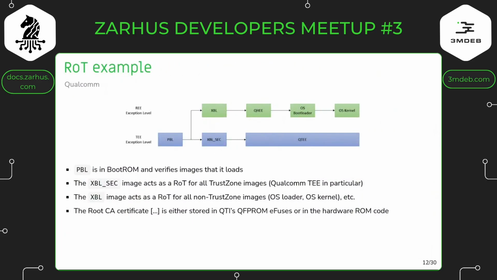Another example is Qualcomm. They also have this primary bootloader in boot ROM. Then it creates the secure world and non-secure world, and XBL Sec acts as root of trust for the TrustZone images, and the XBL bootloader as root of trust for non-TrustZone images and verifies them later on.